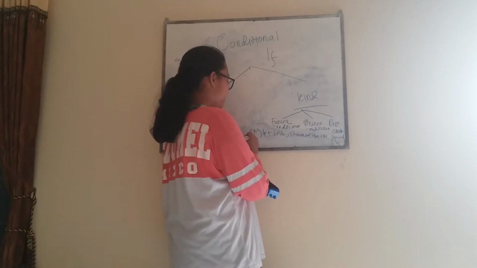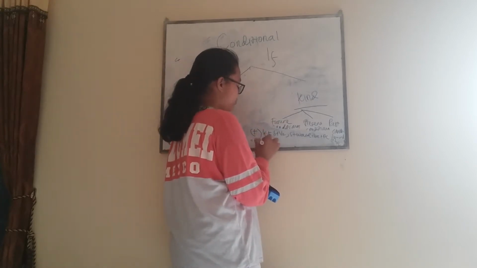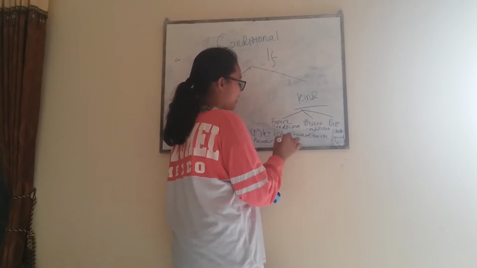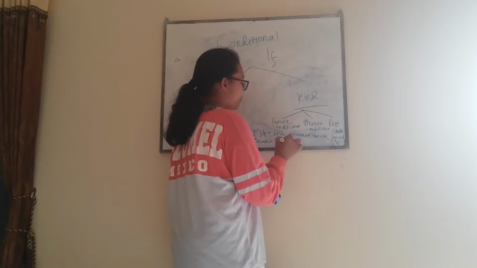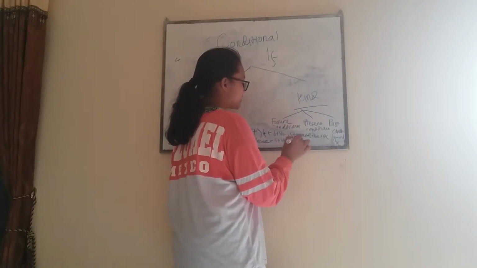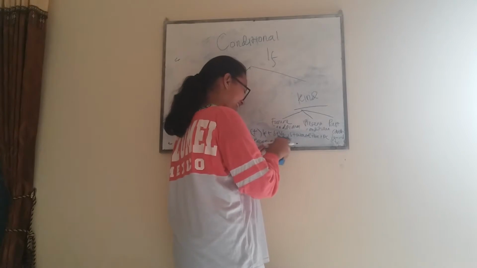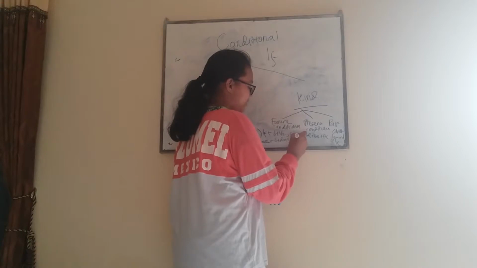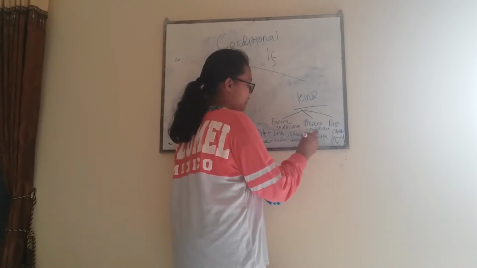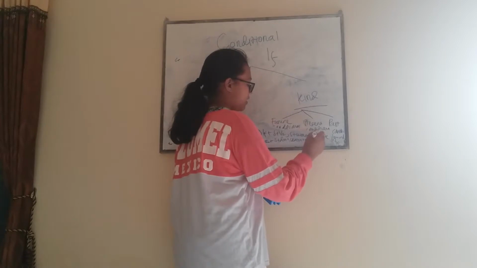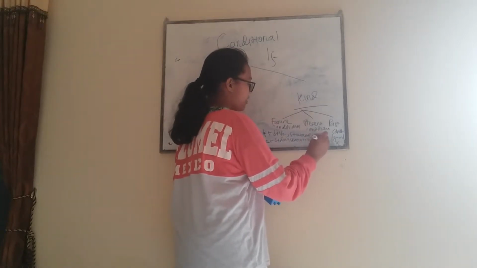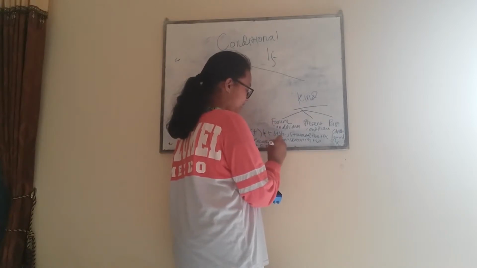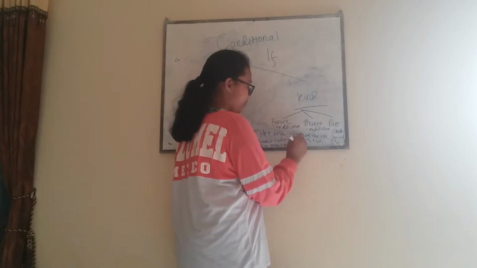And the real conditional pattern is because plus subject plus verb 1 or plus s or es, subject plus don't or doesn't plus verb 1 plus so plus subject plus to be plus not plus predicate complement.